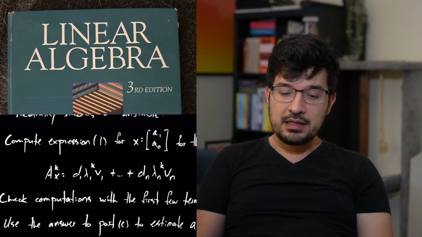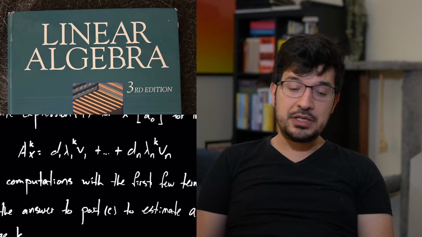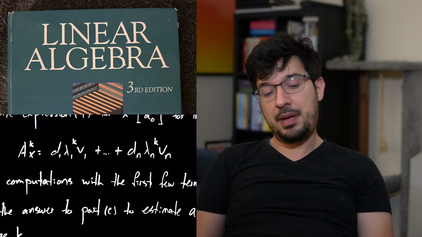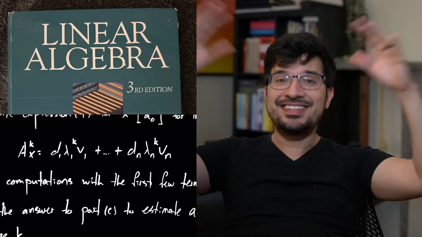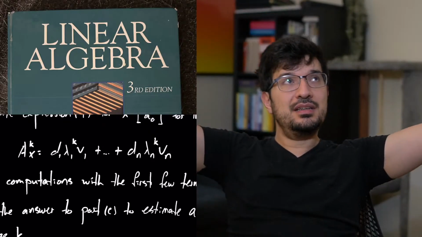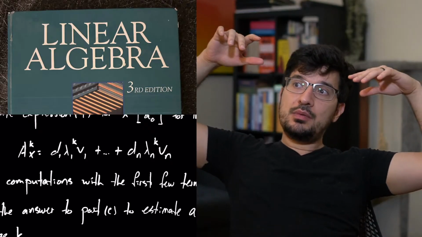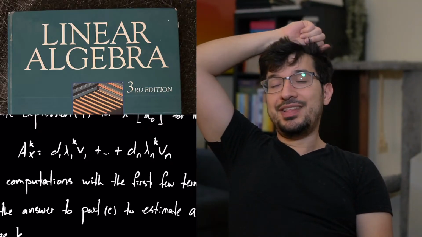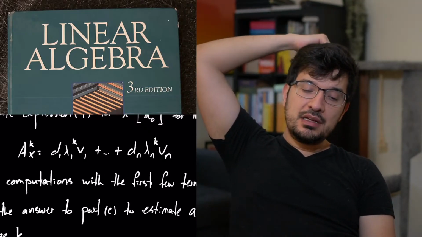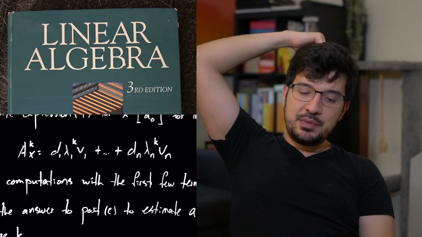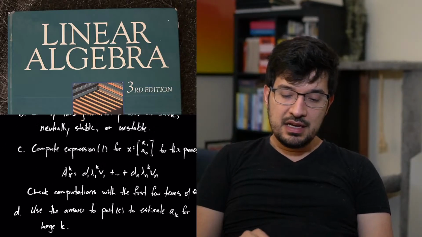After you diagonalize, you get this really nice, convenient equation where the power of the matrix times the vector splits into the eigenspace. So we calculate the coordinate vector relative to the eigenbasis, and then we have this formula: d1 lambda 1 to the k v1 plus dot dot dot dn lambda n to the k vn.